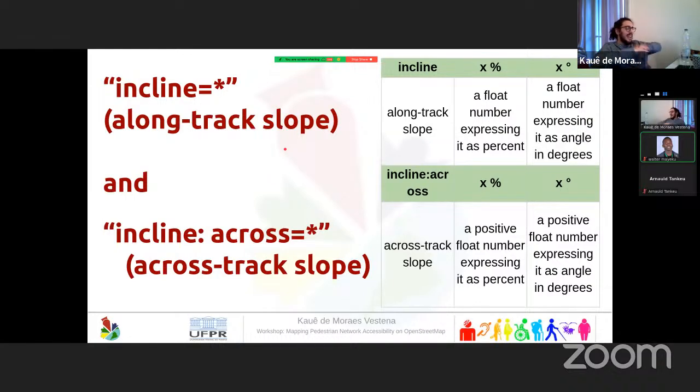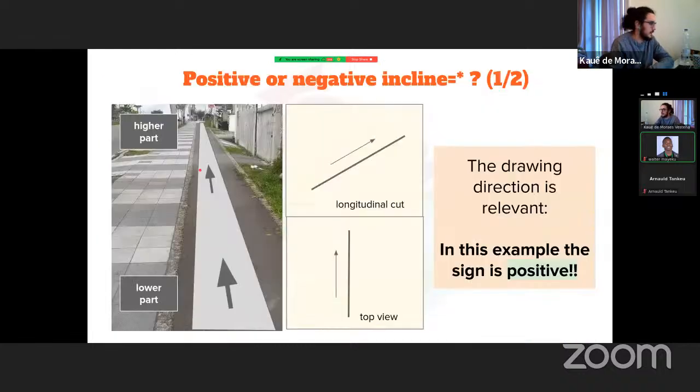And there's incline. We have the along track slope and the across track slope. So for the along track, it can be positive and negative, and for the incline across, it would always be positive. So a little bit about the sign, positive or negative. It depends on the way that the geometry was vectorized, was drawn.